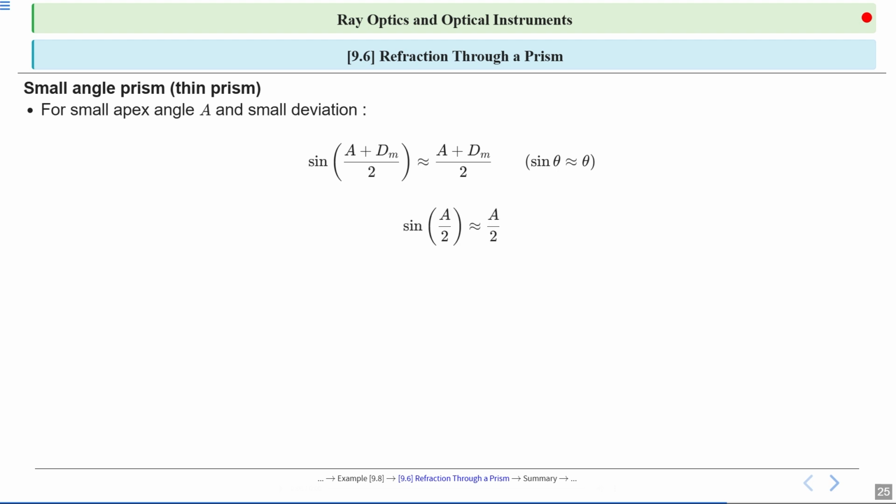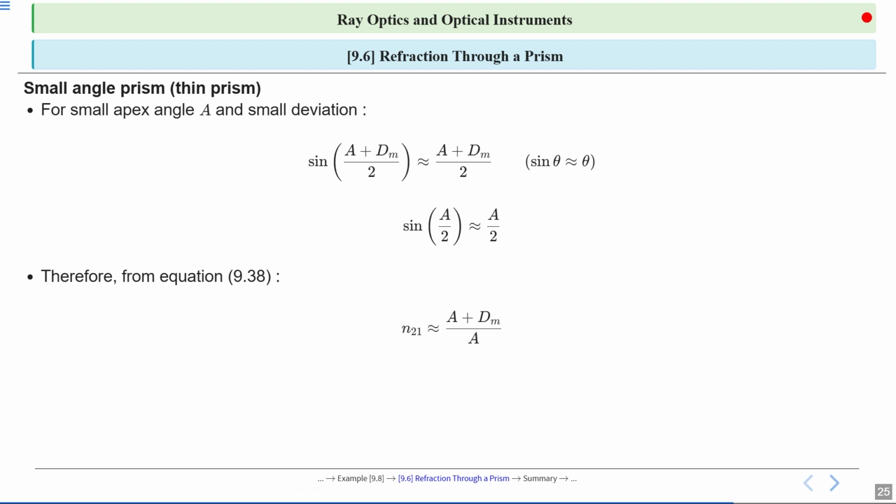Similarly, we approximate the sine of half the apex angle as the half angle itself. This step is crucial for deriving the relationship between the angle of deviation and the refractive index. Now, using these approximations, we can derive an important equation from our previous discussions. This equation relates the refractive index to the angles involved in the prism.